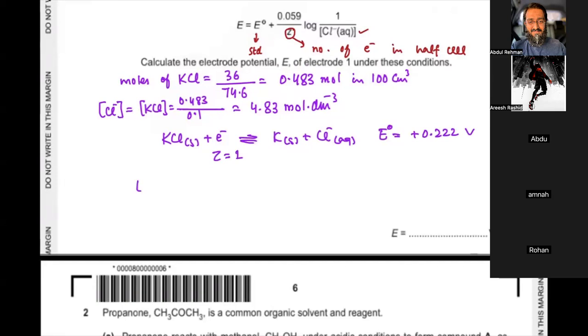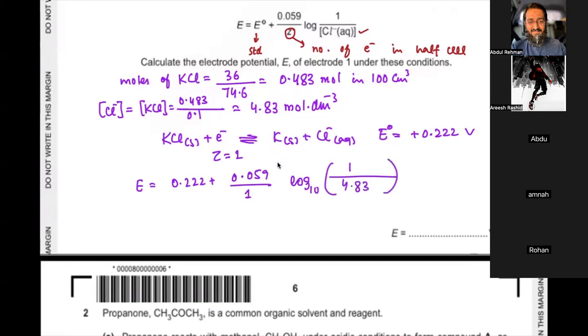Now we are going to put the values to calculate the E value, the electrode potential under non-standard conditions. So E naught is going to be 0.222 plus 0.059 over 1 into log to the base 10 times 1 over concentration of chloride ion, which is 4.83. So thank you, Rohan and Faizan.